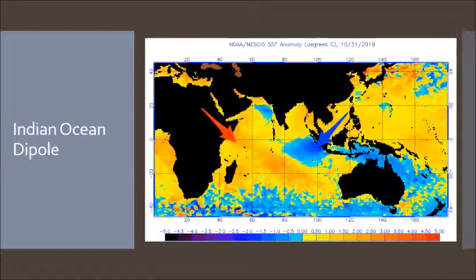And here's an image of that. So you can see the very cold water off the coast of Indonesia, Malaysia, Singapore, that area there, in the blue arrow, and in the red you can see the very high temperature water off the coast of Africa. And what that's done is it's led to this extreme weather and this extreme climatic year that we had in 2019.